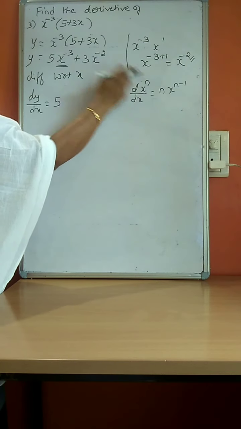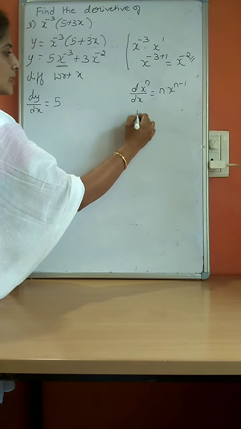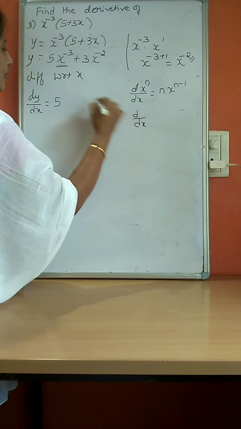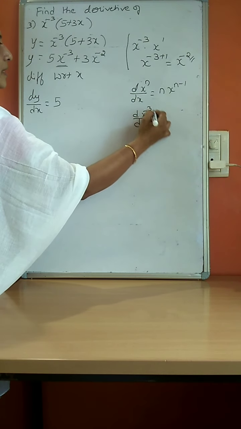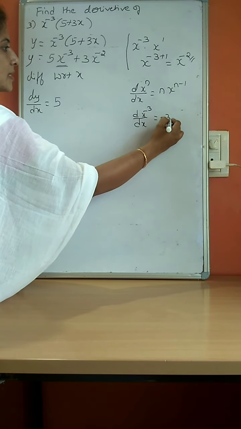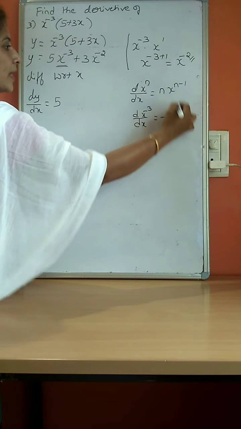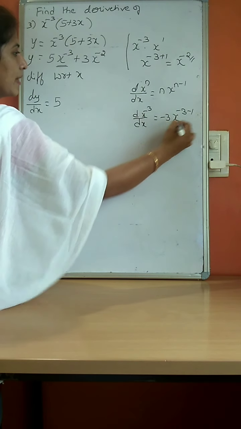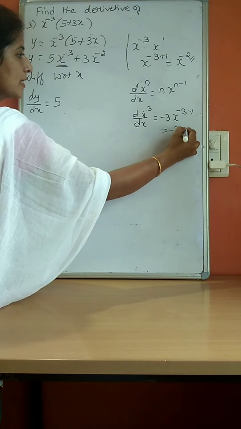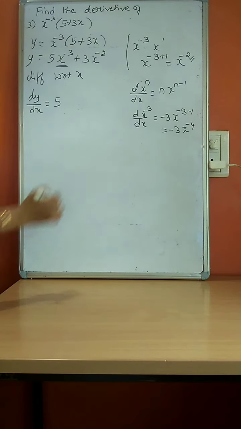See, here positive sign is there, here negative sign is there. Differentiation of x to the power of minus 3 means as usual minus 3 x to the power of n minus 1, that is minus 3 minus 1. This can be written as minus 3 x to the power of minus 4.